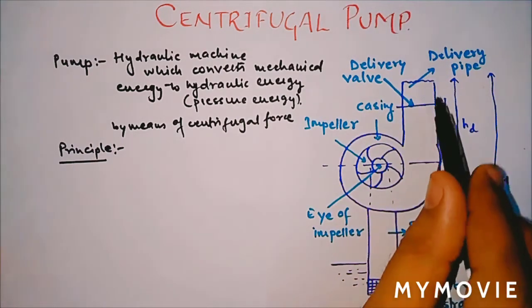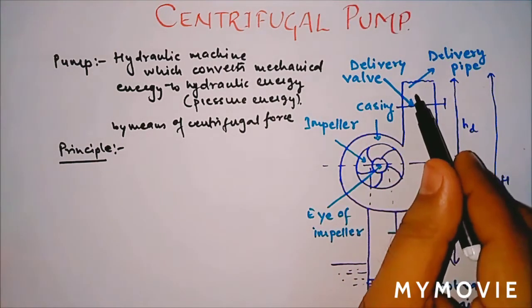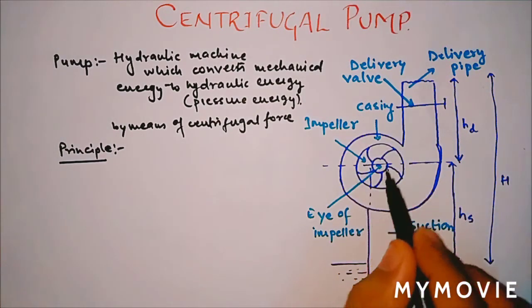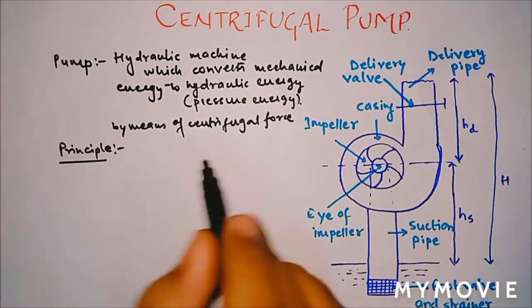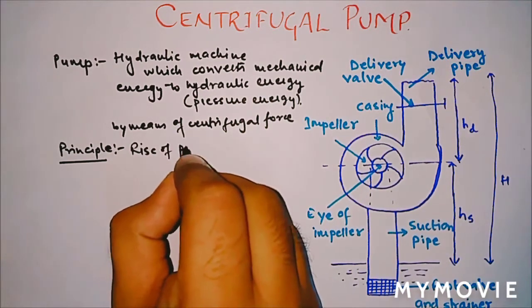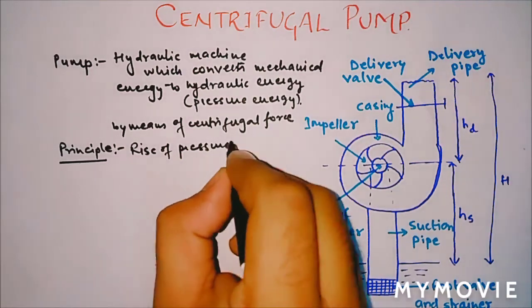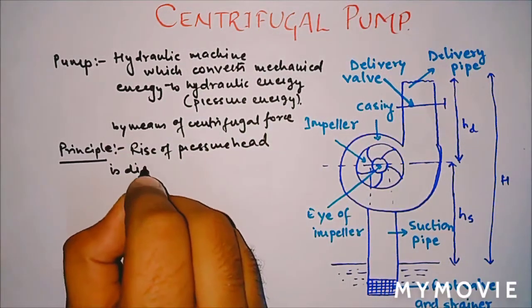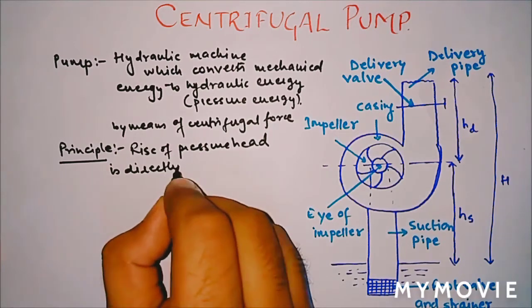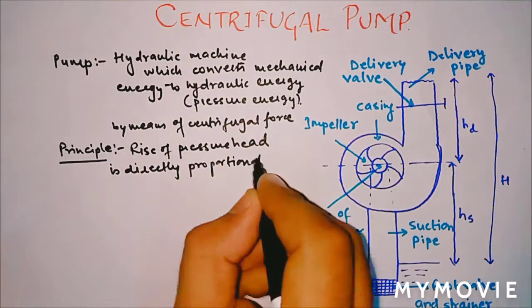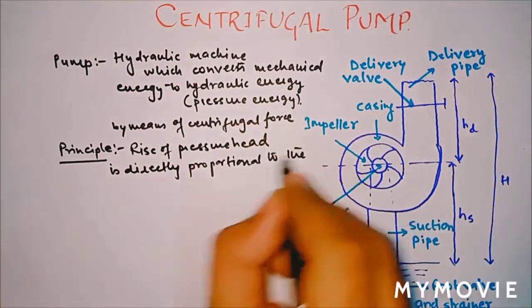The pressure head that we get in the output is directly proportional to the tangential velocity that we get here in casing. So the principle says that rise of pressure head is directly proportional to the tangential velocity.